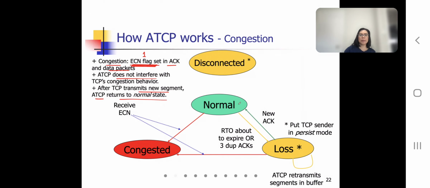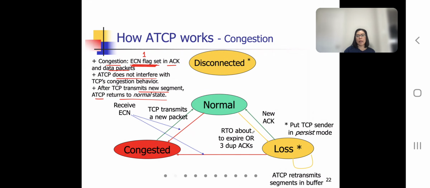You can see in this diagram, when in the normal state, if ATCP receives the ECN flag, it will go to the congested state. And here, TCP will take control to reduce congestion. After TCP reduces congestion and transmits a new packet, ATCP returns to the normal state.